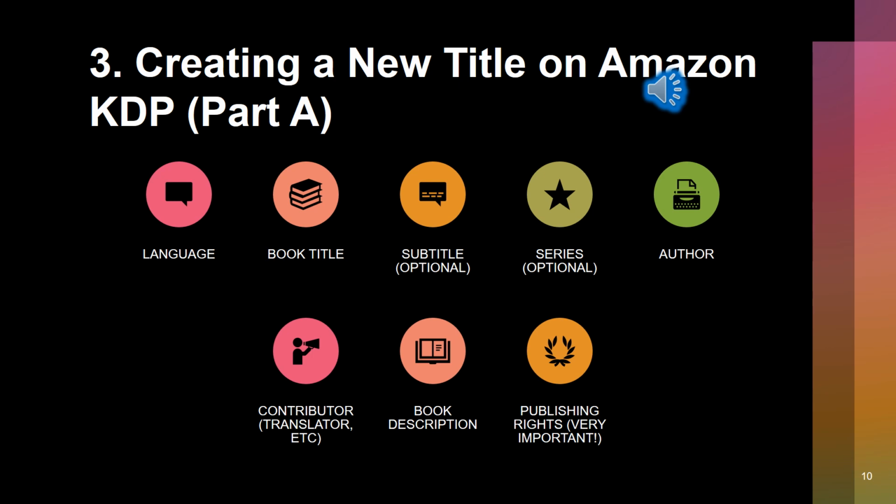So go down to where it says add another category, click on that, and come back and select biographies and memoirs. Then under the top category, just beneath that, the subcategory, click on that and look for the closest option, which in this case we can say leaders and notable people.